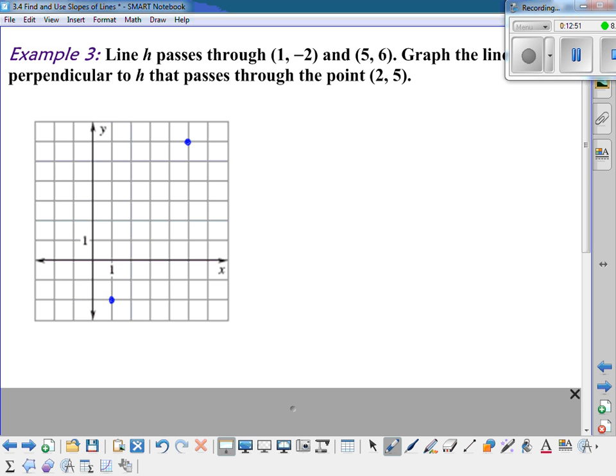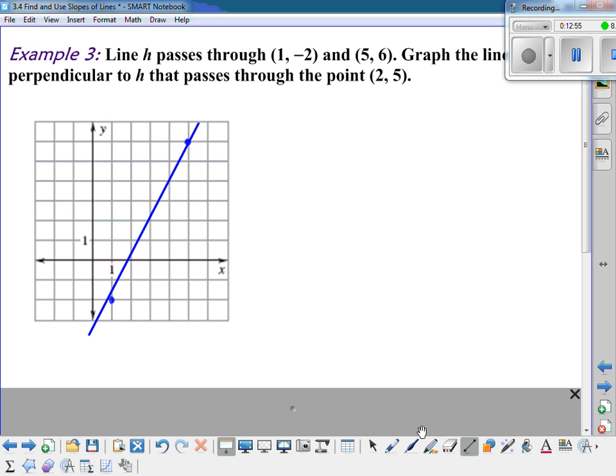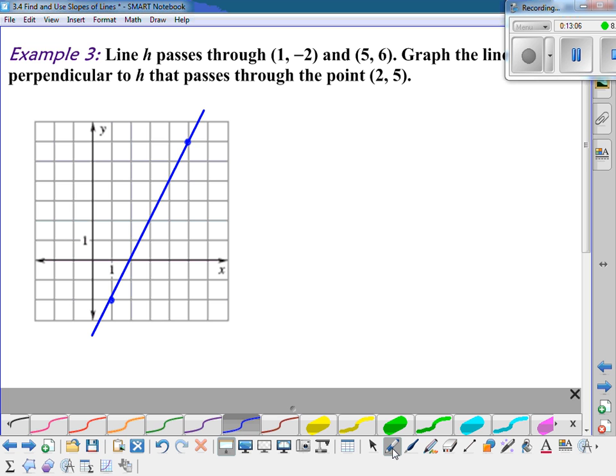So I'm going to draw the line that goes through those 2 points. Now I'm going to graph the line that's perpendicular to it that goes through the point (2, 5).